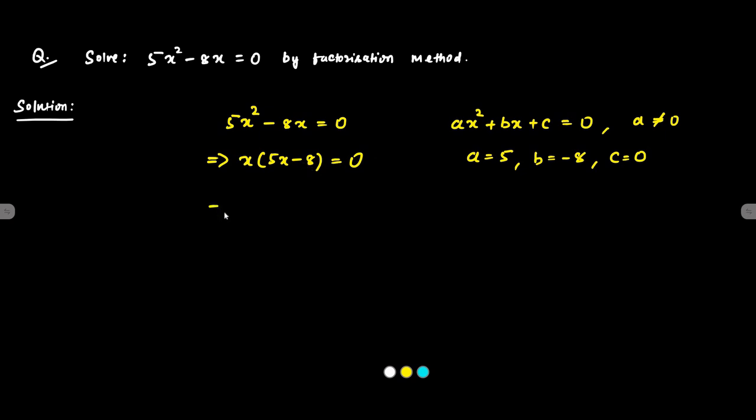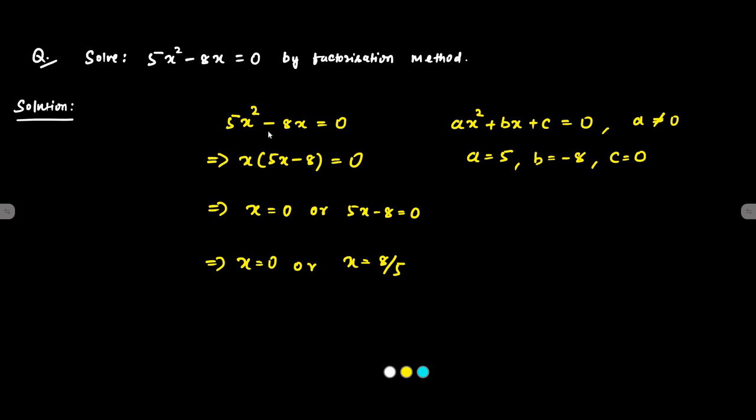So that implies x = 0 or 5x − 8 = 0. These are the two possibilities. So that implies x = 0 or x = 8/5. These are the two solutions or two roots of the quadratic equation.